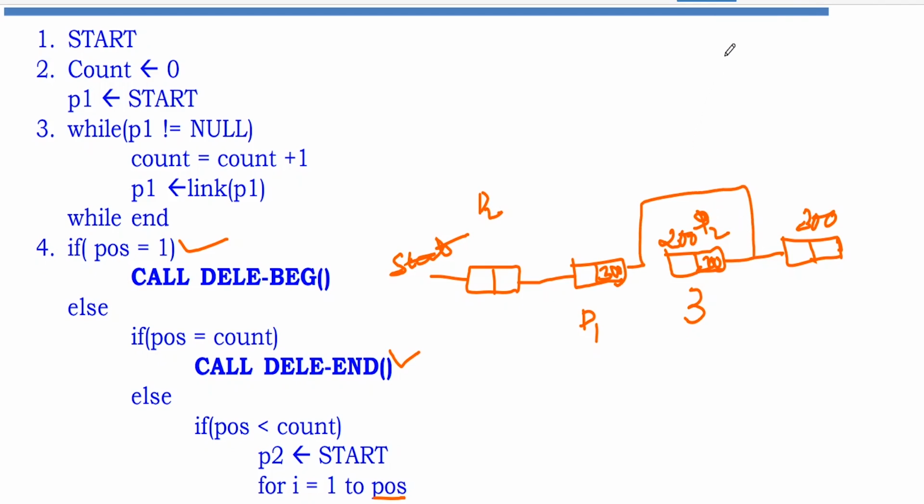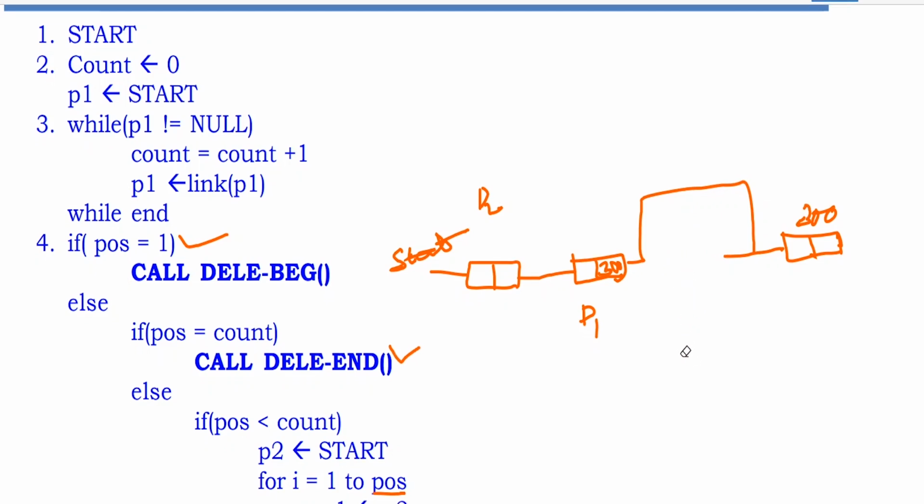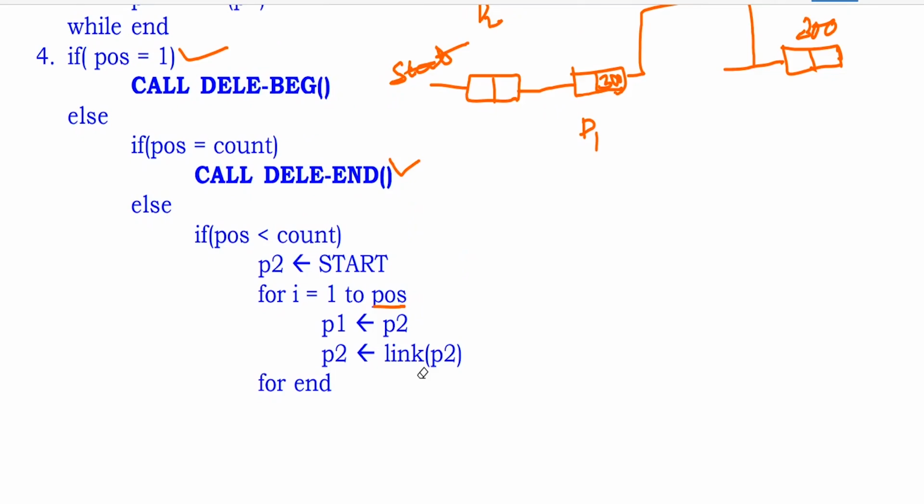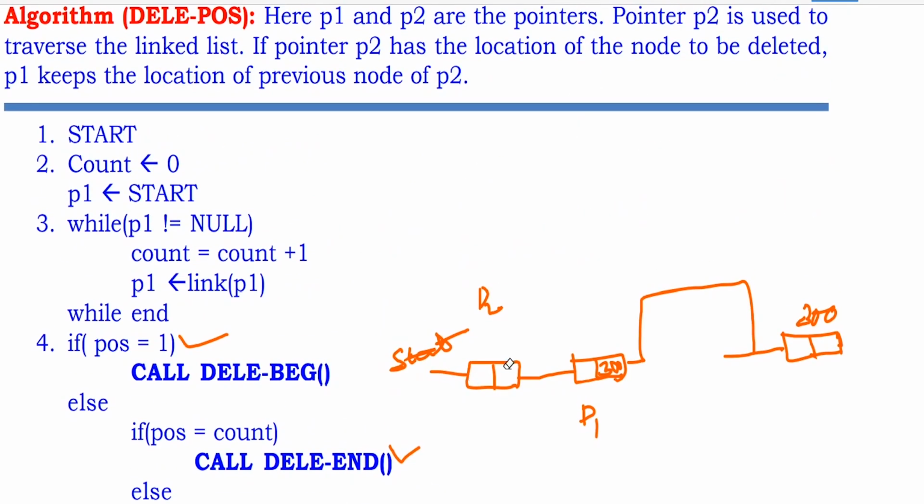Correct? And then we drop this one, delete. This is deleted. This is how we do it. That's how this algorithm works. So this is deleting after the given node.